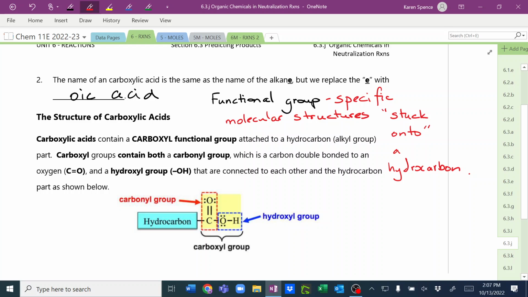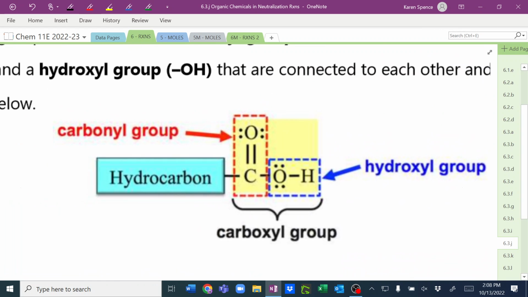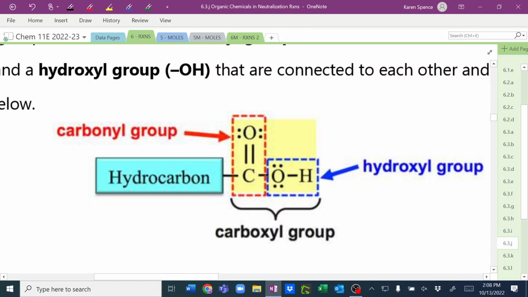That's just considered a branched hydrocarbon. Yes, exactly. So all the carboxylic acids behave as acids. Because every single carboxylic acid has this structure here.